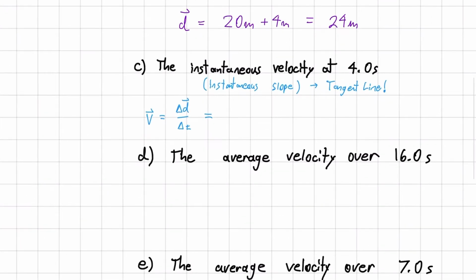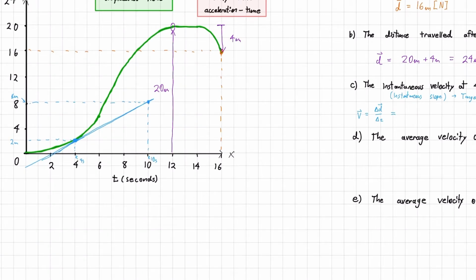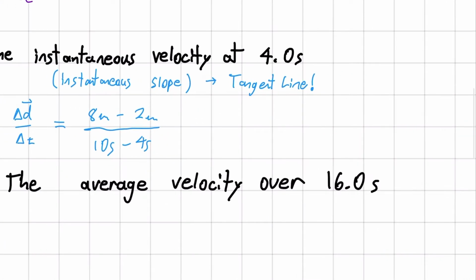So our change in distance will be 8 meters minus 2 meters over 10 seconds minus 4 seconds. And again, do this in our head. 6 meters over 6 seconds is 1 meter per second.